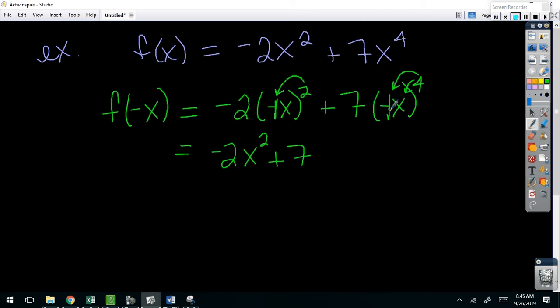Times negative 1 is negative 1. And times negative 1 again is a positive. Anytime you raise a negative number to an even exponent, it's going to be positive. So I've got plus 7x to the fourth. Is that the same thing that I started with? Yes. That tells me this function is even. Does that make sense?